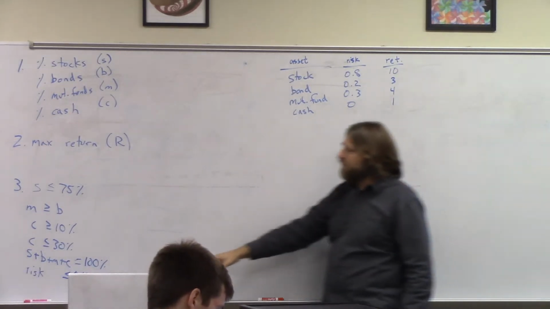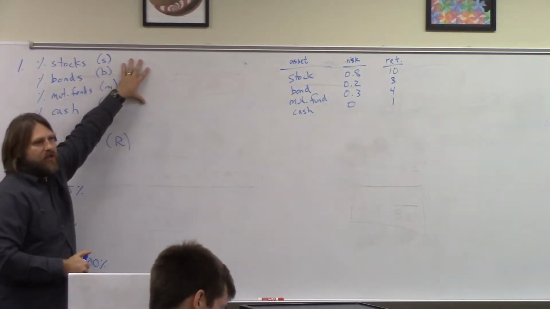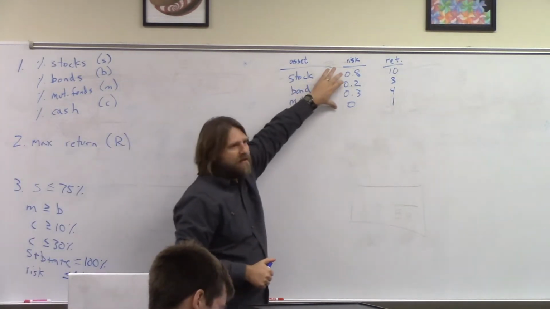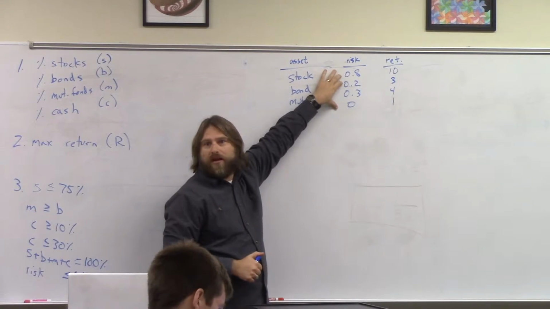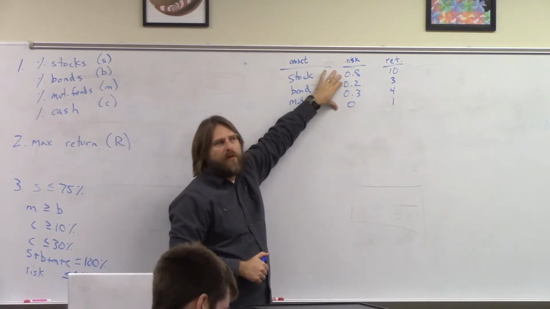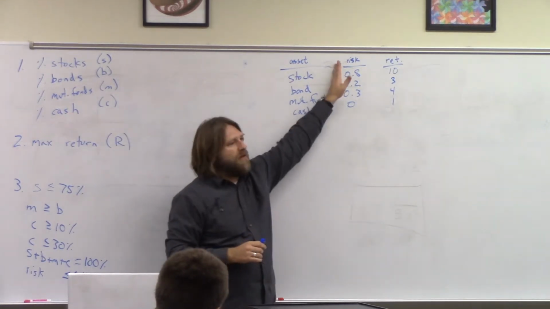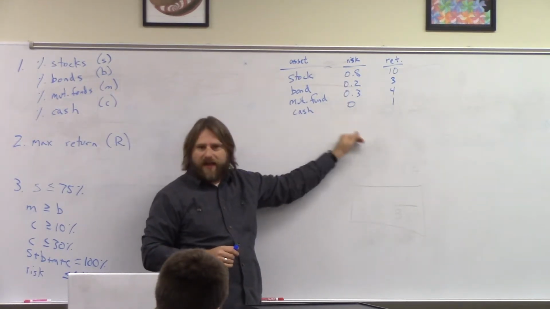So what we do to compute this risk is we multiply this allocation times this risk factor for each one of those values. What does that sound an awful lot like in Excel? When we multiply a group of values times another group of values, and then we add them all together.